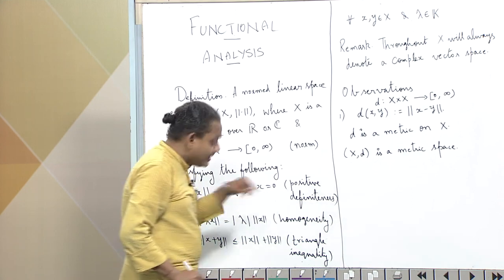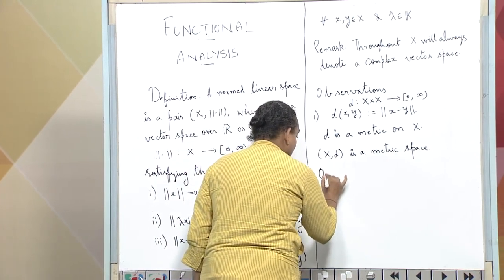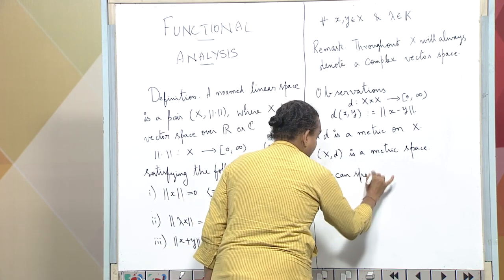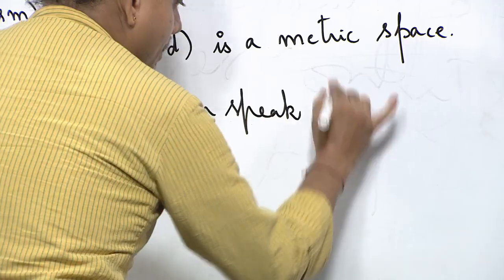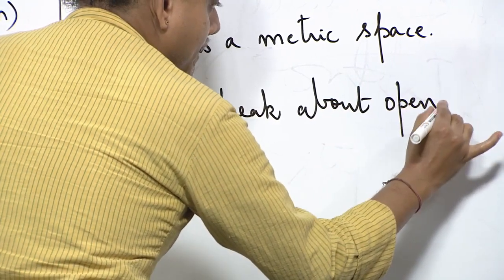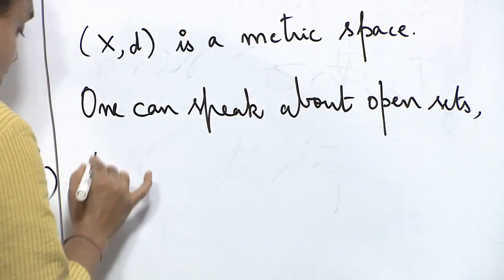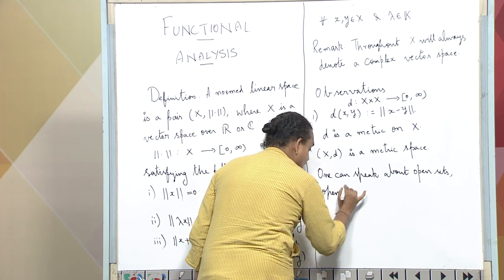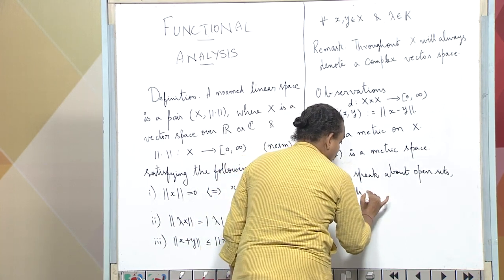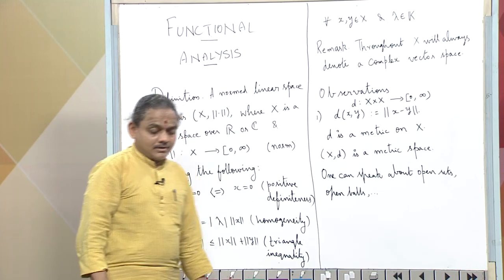Once you have a metric, one can speak about open sets or even open balls, and all notions related to a metric space.